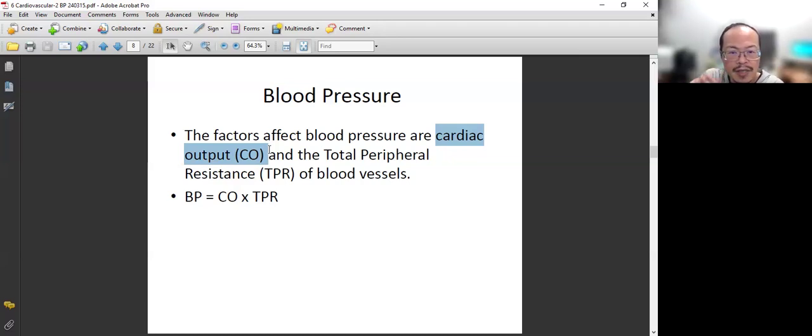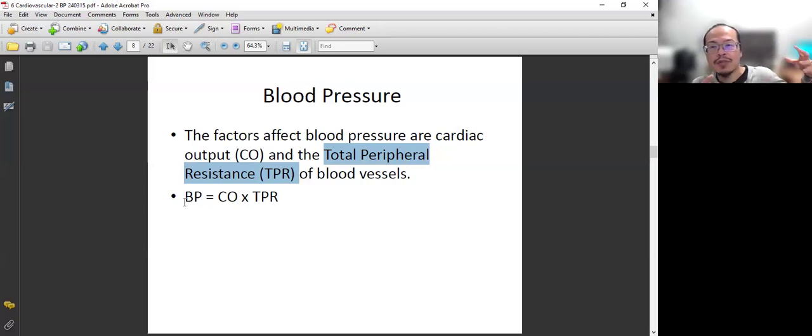The narrower it is, the more resistance it provides. TPR is the total peripheral resistance. You multiply these two, and it gives you the blood pressure. It's not mathematically multiplied like cardiac output equals stroke volume times heart rate; this one is more ideal, where cardiac output multiplied by total peripheral resistance builds up the blood pressure.